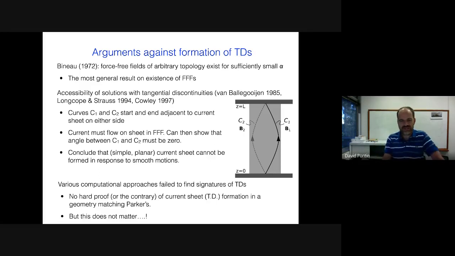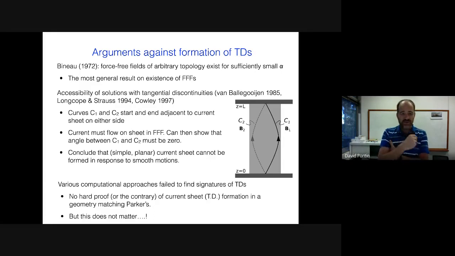So it's worth highlighting that this only works for a simple planar sheet, so a current sheet that just looks like a line in cross-section. And so people imagined some more complex types of current sheet structures for which this argument wouldn't hold.